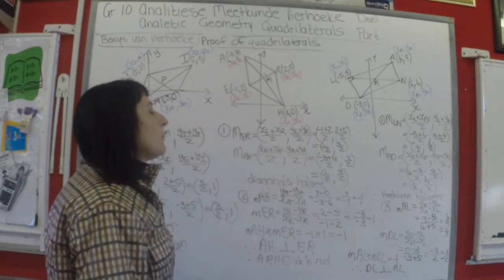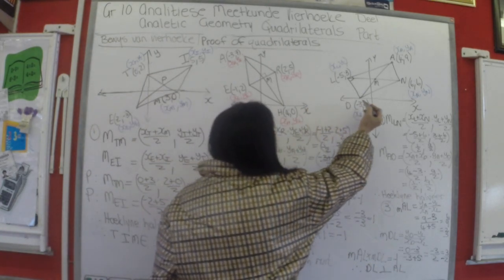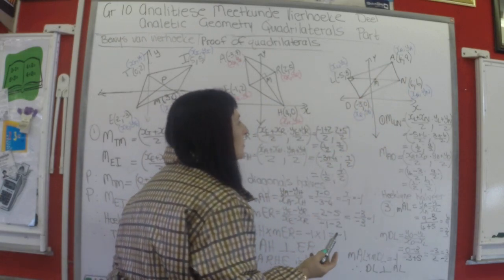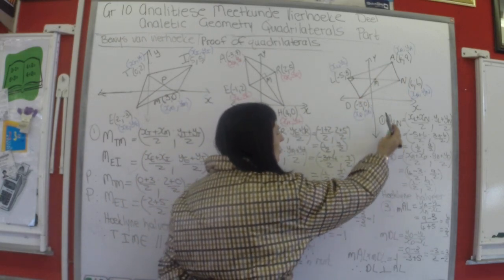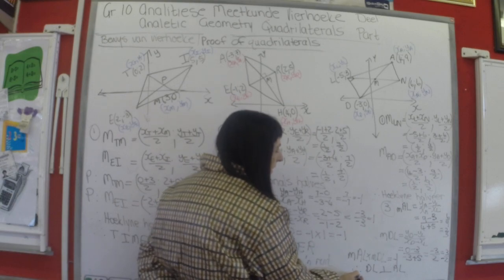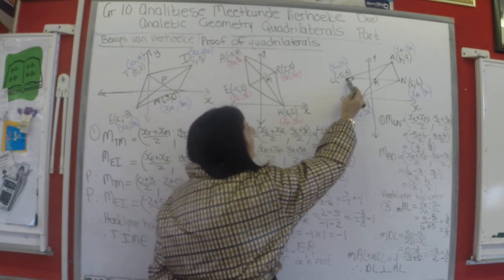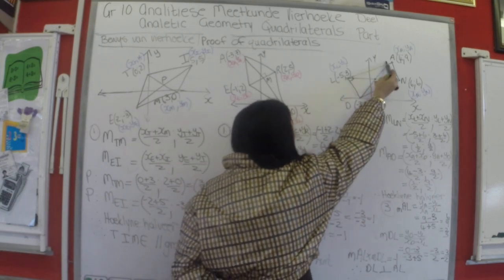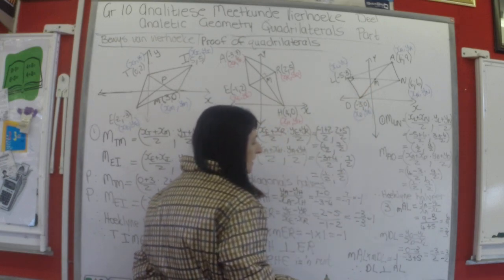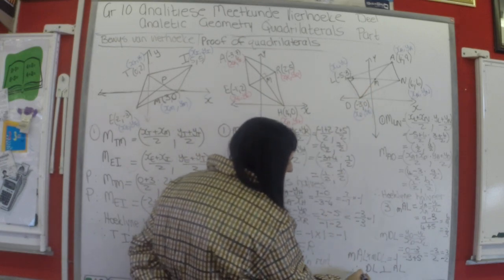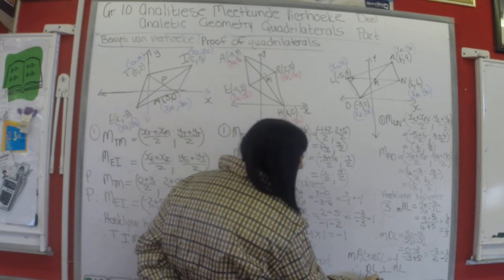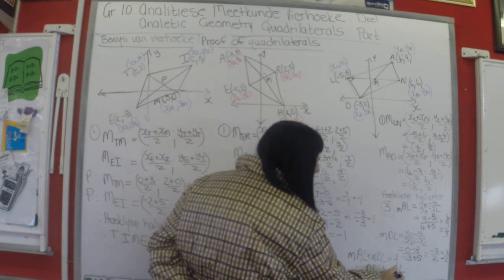En daarom is hierdie 'n reghoek, want ek het die twee goed bewys wat ek moet bewys. Die hoeklyne halveer mekaar en daai sy is loodreg op daai sy, that's a 90-degree angle, therefore LAND is a rectangle.